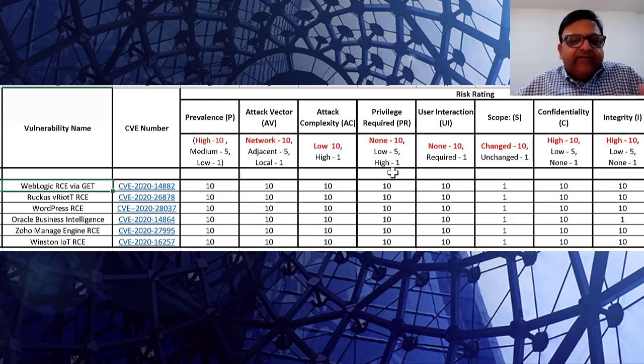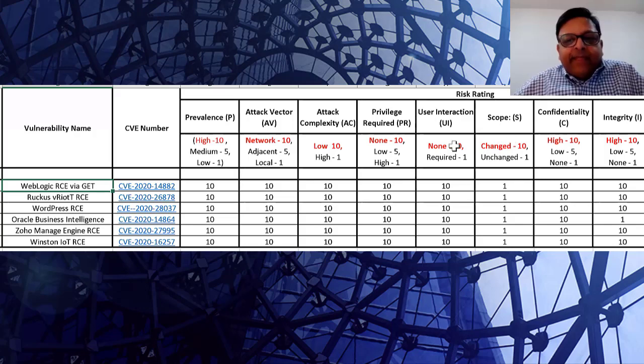If I have an attack which does not require admin credentials, that would make it a more juicy target. So for that reason I've assigned none, no privilege required, as the most attractive. Somebody can just walk in, no matter who is running that process, and it gets attacked. I would rate it at 10 at that point.